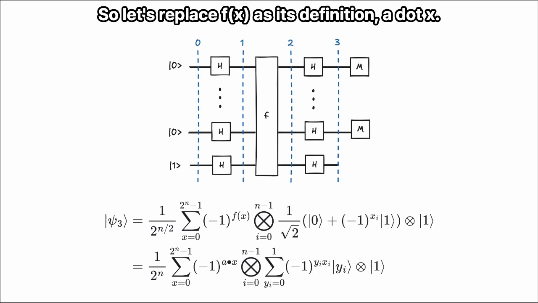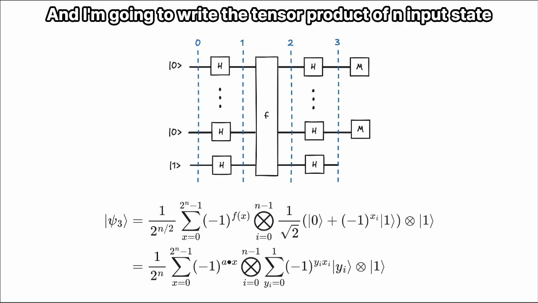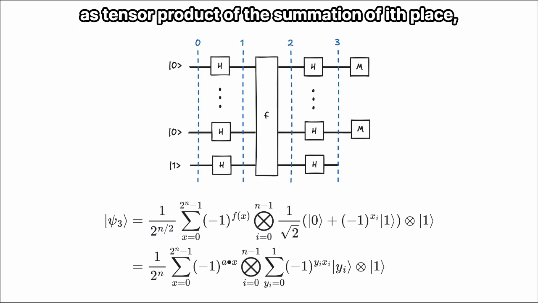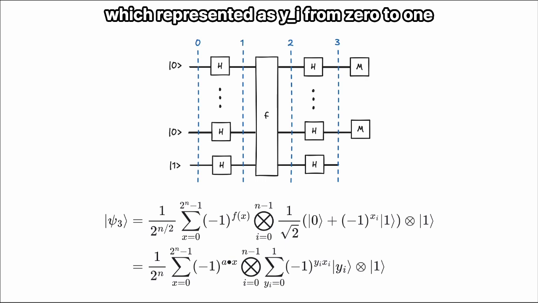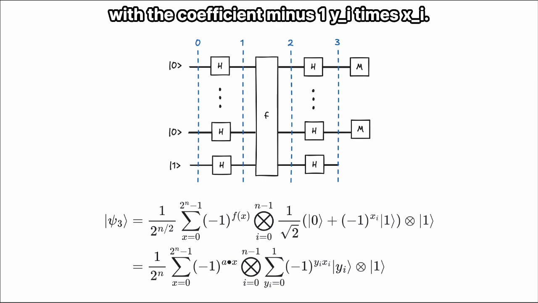So let's replace f of x with its definition a dot x, and I'm going to write the tensor product of n input states as the tensor product of the summation over the ith place, represented as yi from 0 to 1, with the coefficient minus 1 to the power yi times xi.